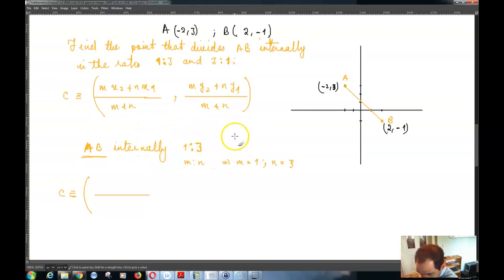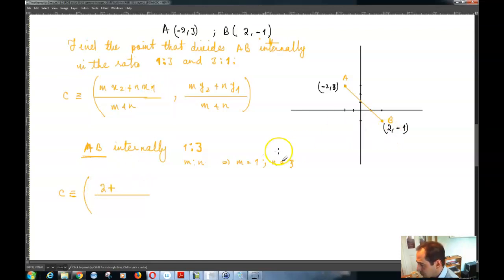So then I can use the same formula that I have over here and write this as m x2, so m is equal to 1 and x2 is equal to 2. So that is a 2 over here.